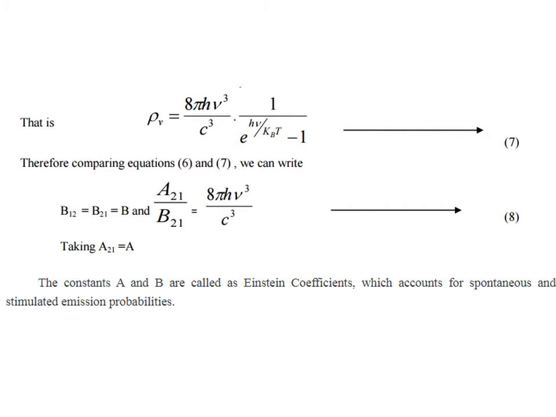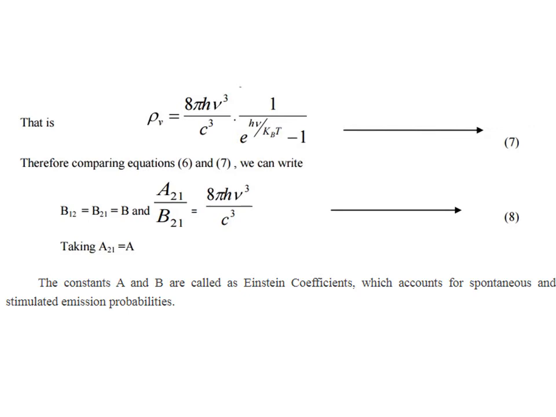the probability of stimulated transitions, which are the probability of absorption and the probability of stimulated emission, these two are the same. That means when a photon of a particular energy is traveling through a medium, it can either cause absorption from level E1 to E2, or it is equally probable that it can cause a stimulated emission from level 2 to level 1.